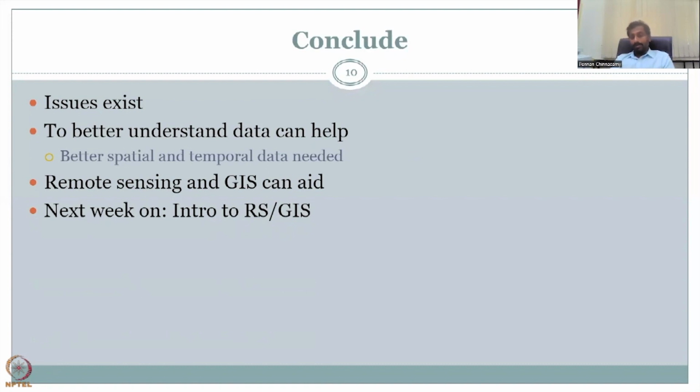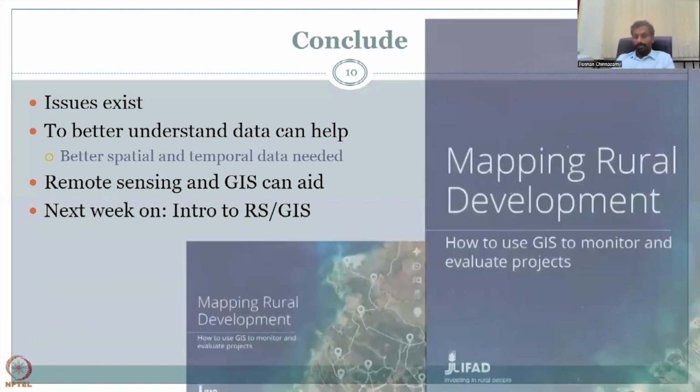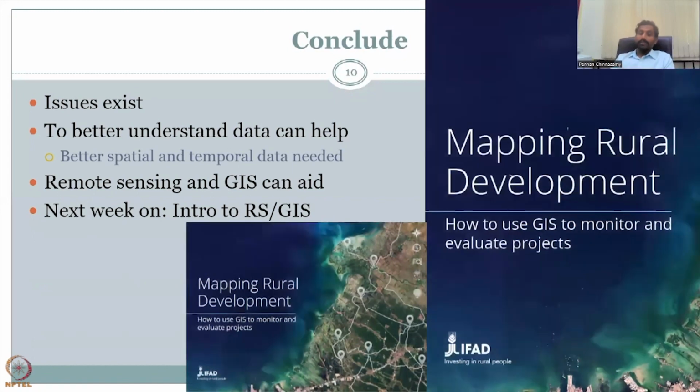So next week, we will still continue with some introductory material and remote sensing and GIS tools, and how they have been used. You could see multiple bilateral agencies working on rural people's interest and rural development.